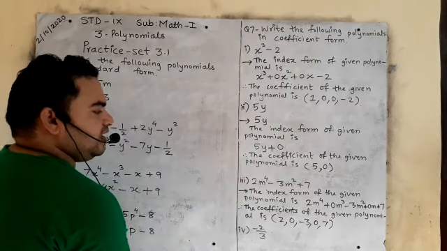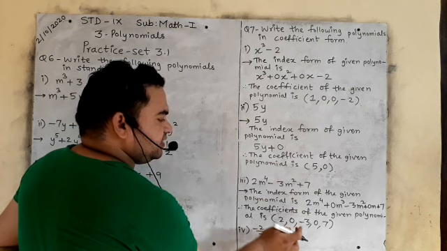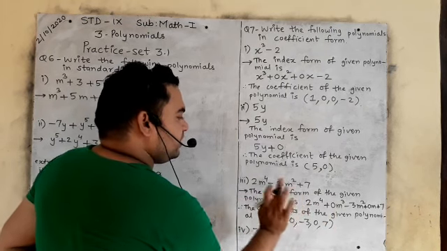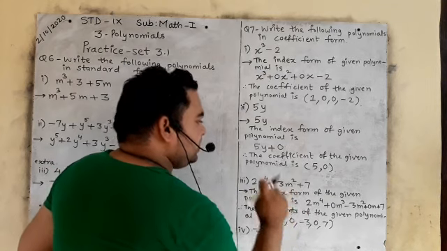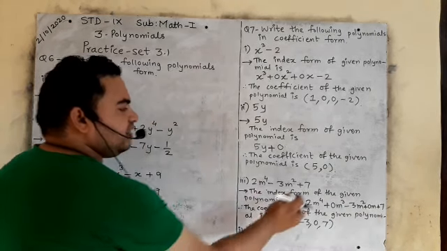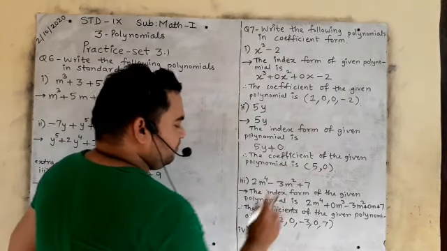Is it clear? Again see here, first we will write m raised to 4, then m raised to 3 is absent, so we will write 0 m raised to 3, then minus 3 m raised to square as it is, then m raised to 1 is absent, so 0 m raised to 1, then plus 7 which has m raised to 0. So these are the coefficients of this given polynomial.